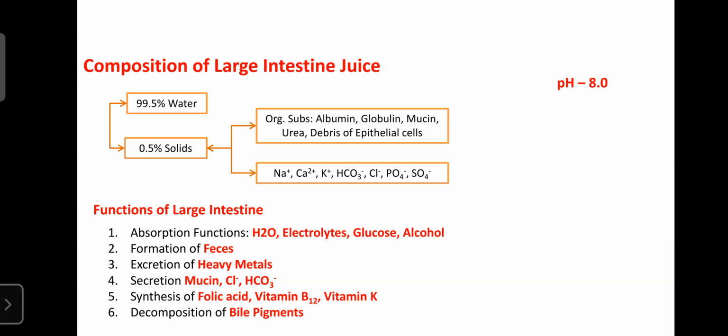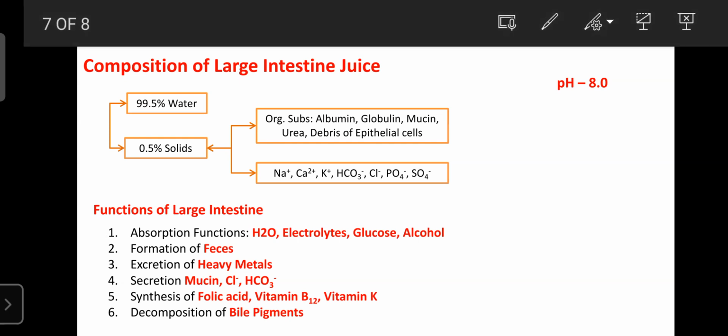Electrolytes or ions like sodium, calcium, potassium, bicarbonate, chloride, phosphate and sulfate are present. But it mainly consists of bacterial flora, and the pH is 8. The small intestine is 7.6 and the pH of the large intestine is 8.0.